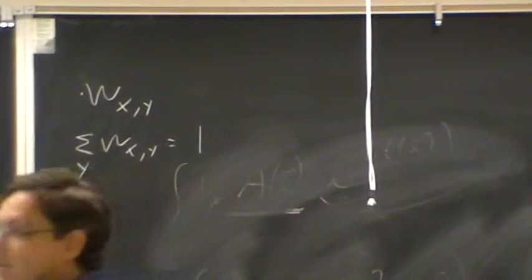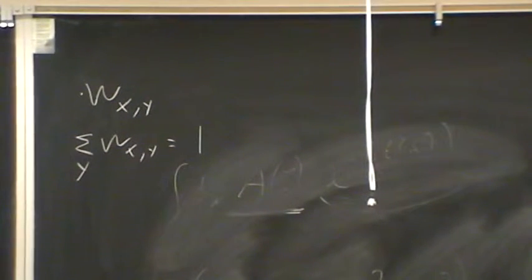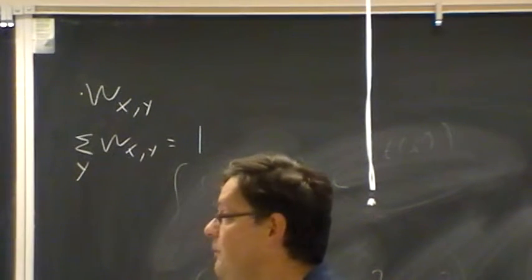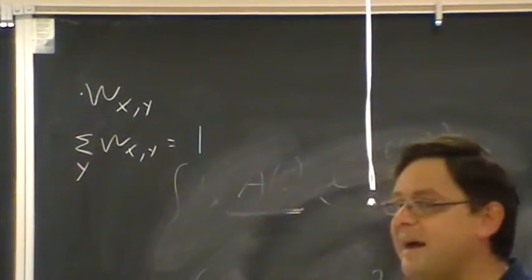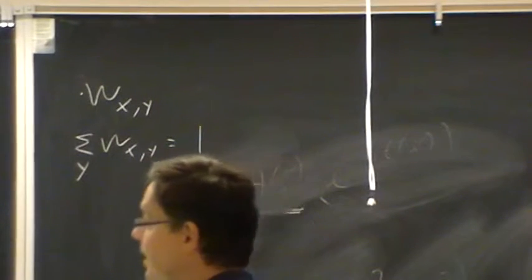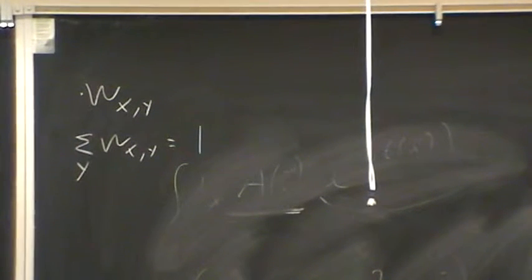So for each pair of configurations x and y, there must be some number of steps n after which I'm able to reach y from x. I have to be able to reach y in a finite number of steps from x.